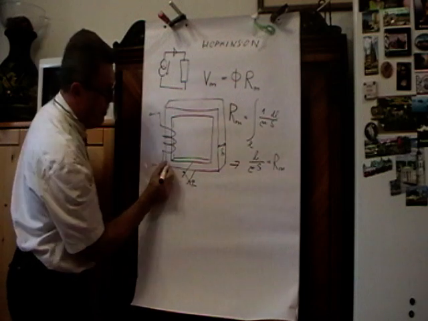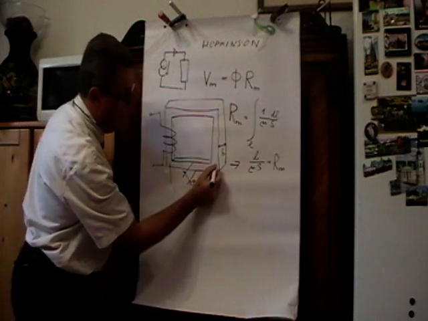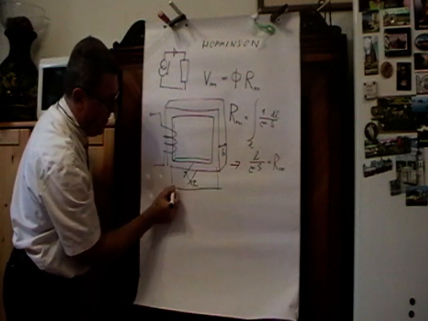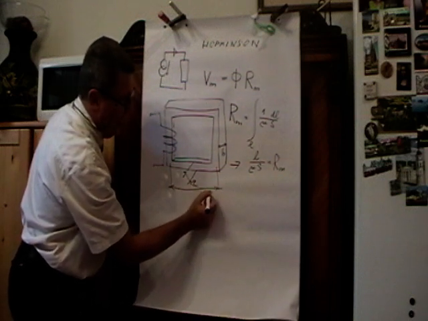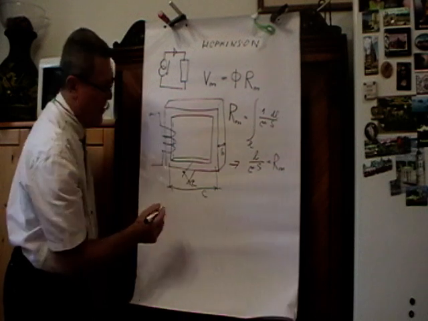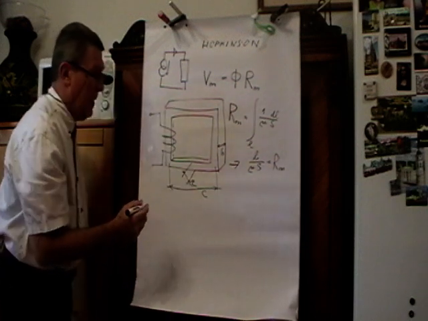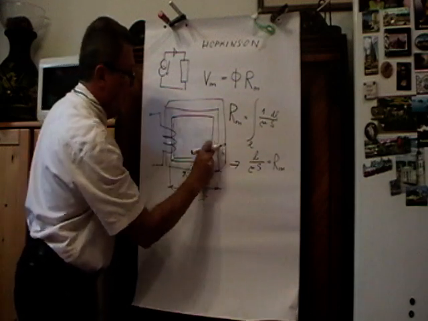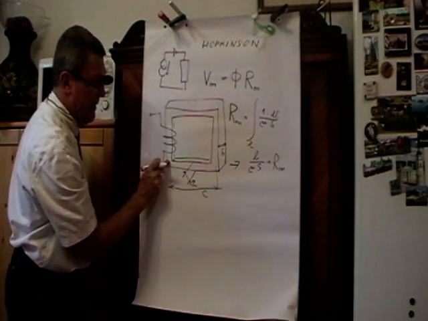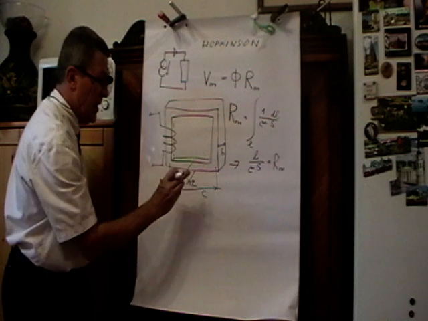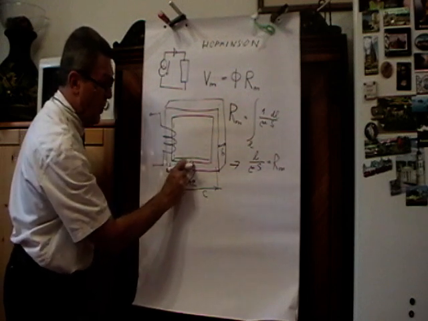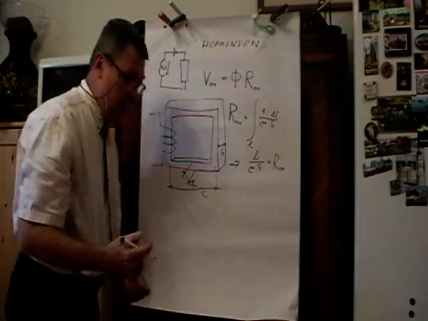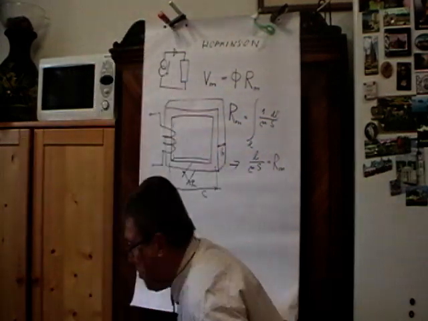And now let's put here a dimension which we call C, so that the whole run around makes 4C, and the cross section of one part is A times B. And due to symmetry, it's the same for all the parts here.